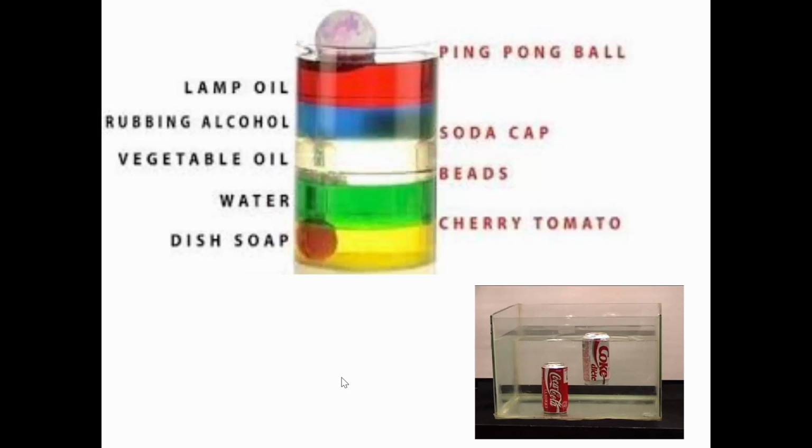So they have the same volume, right? They're both the exact same volume, but they have different masses because the Coca-Cola regular is made with regular sugar. What's Diet Coke made with? Artificial sweeteners. But have you ever used artificial sweeteners? Do you put the same volume in as sugar? No, you put a very small amount. It's very sweet. So there's less of that in here, giving it a lower density.